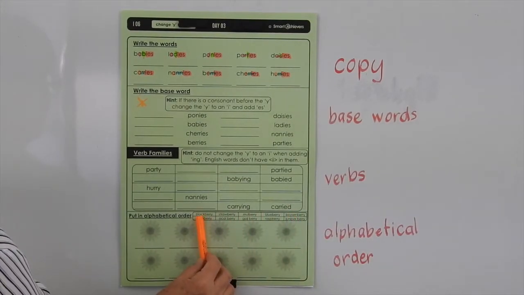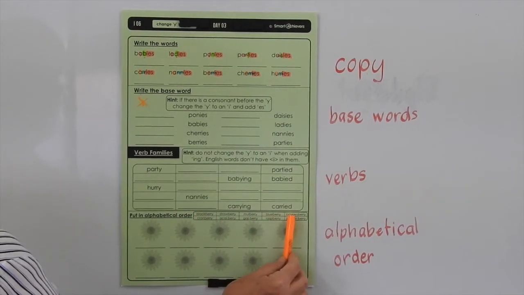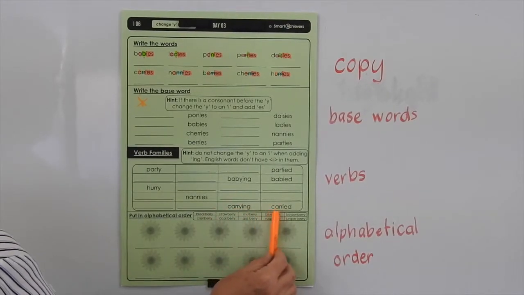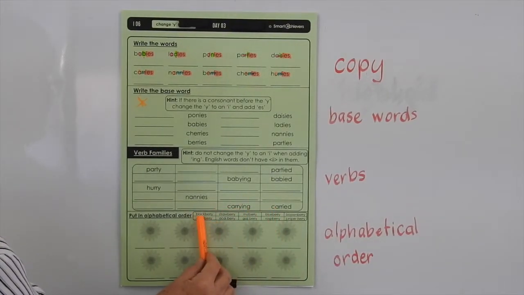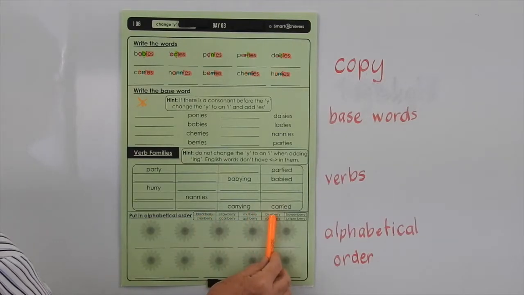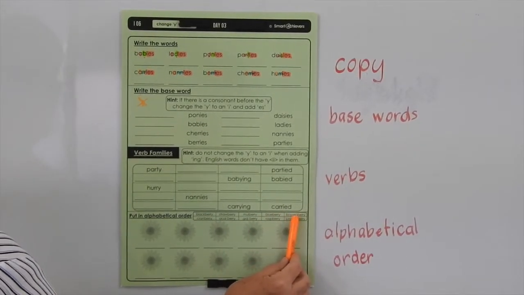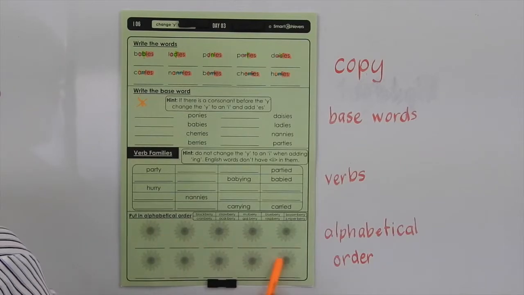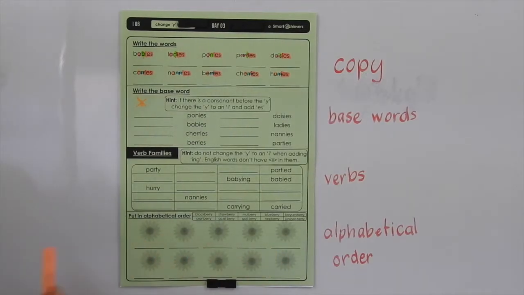So you'd have to look at the second letters. Okay, you've got an L and an O, so it'd be one of these two L ones first. Then you have to look at the third letter. So blackberry would come before blueberry, which would come before boysenberry. So you can write those in alphabetical order.